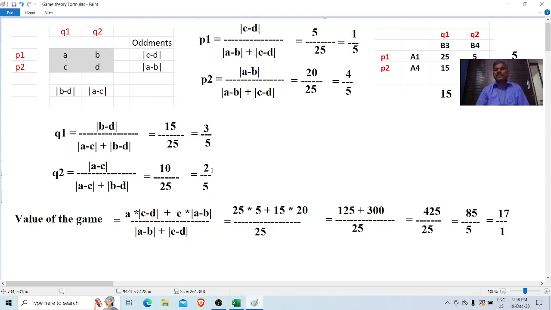The same combination is applicable for the columns. We can take average of two columns. If the average of two columns results in better or lesser loss for player B, then we can eliminate the other column which results in more losses.